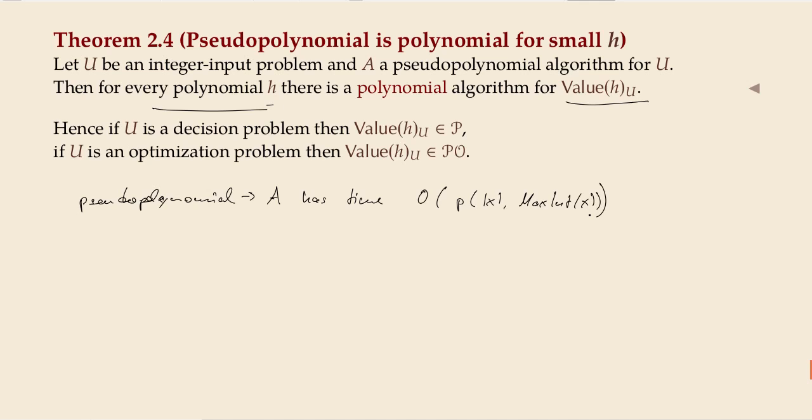And we assume that for our restricted problem, where h is a polynomial, we have the bound on maxint, h. And since h is a polynomial, this is bounded by some x to the c for some constant c, whatever it is.